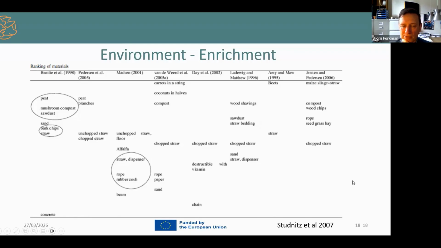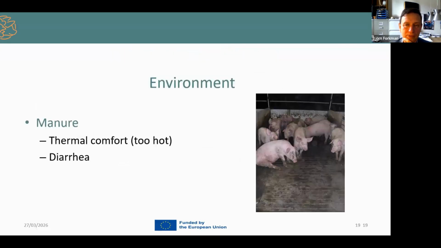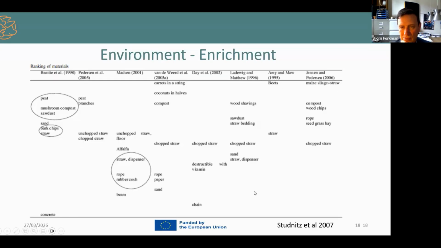I can really recommend this paper. So, trying to assess what enrichment material is given to the pigs, that's obviously a fairly easy task. You just go into the pen and observe.